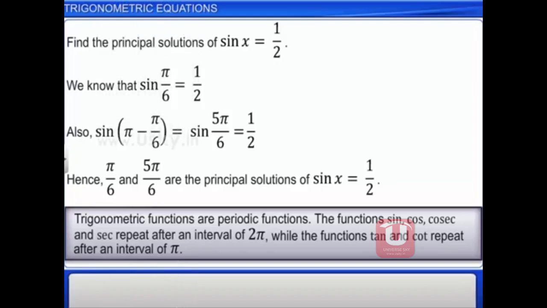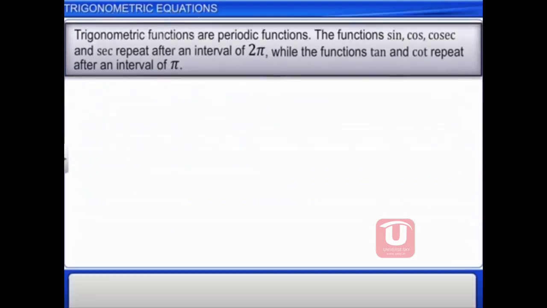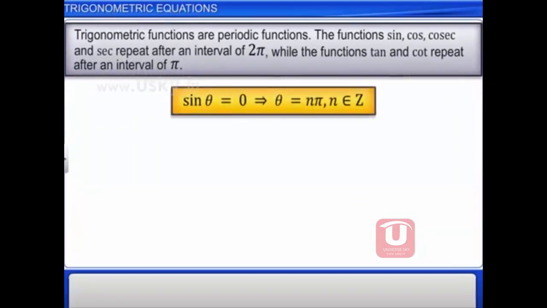This implies that we can generalize the solutions of trigonometric equations with the help of the periodicity of trigonometric functions. For example, sin theta is equal to 0 implies that theta is equal to n pi, which gives all the solutions of the trigonometric function sin theta is equal to 0.